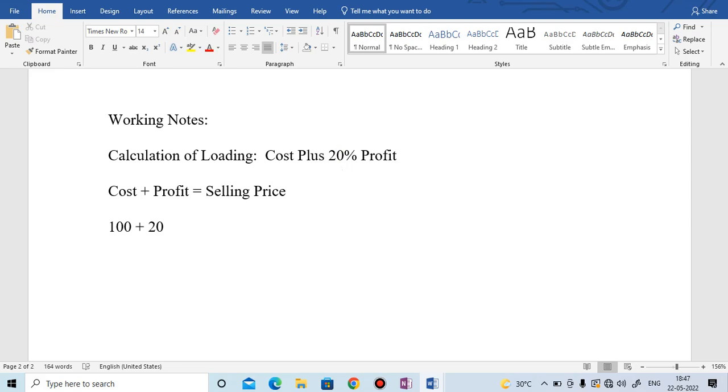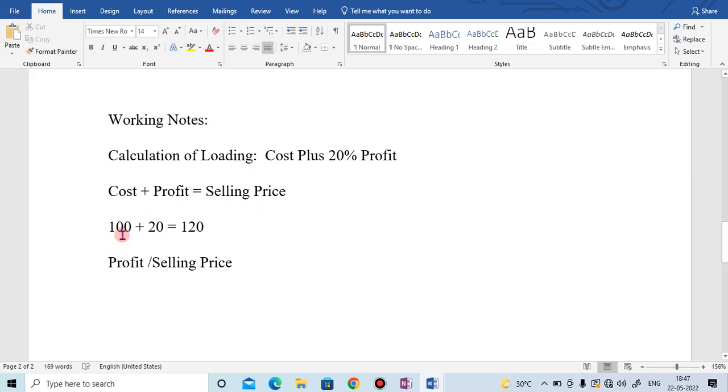So selling price will be 120. Selling price of a product will be 120. Then after that, profit upon selling price. See, cost plus profit equals selling price.